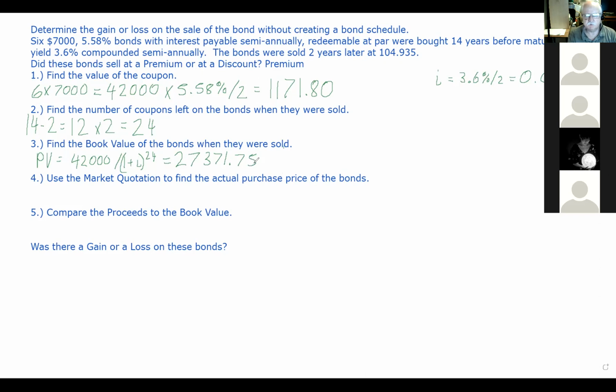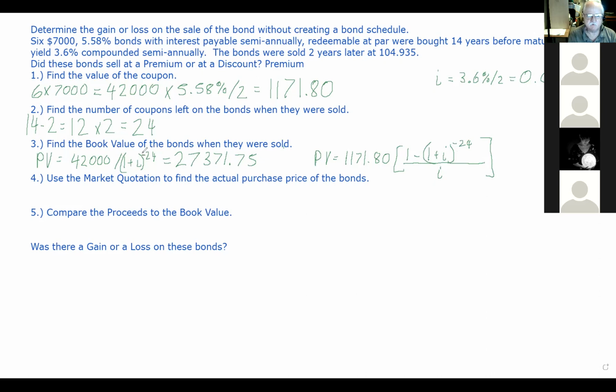And so that should be the present value of the bond, but we also have to find the present value of the coupons. So present value equals the coupon, which we calculated to be 1171.80, times 1 minus 1 plus I to the negative 24, all over the value of I. And now I realize I've screwed up over here.